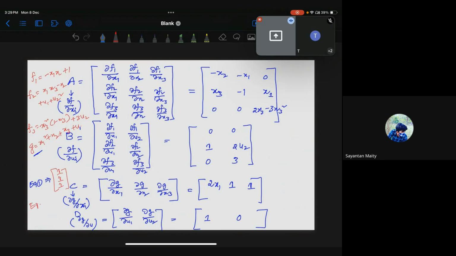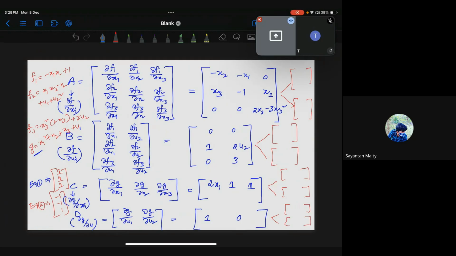Equilibrium 2 is minus 1, minus 1, 1. You need to substitute both and get the two matrices for each case. In each case you will get a 3 by 3 matrix here, and here also you will get two matrices, and here also two more matrices.